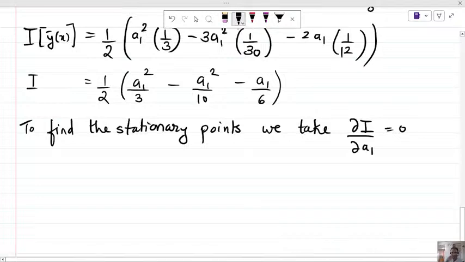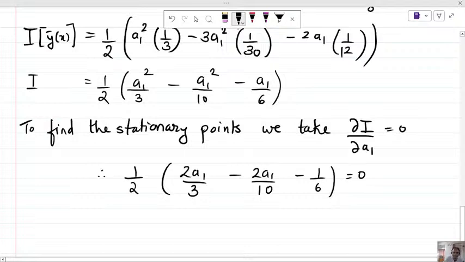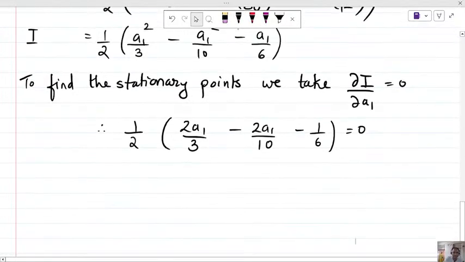So let us do the derivative now. We get 1 by 2 times the partial derivative, 2a1 by 3 minus 2a1 by 10 minus 1 upon 6 equals 0. The 1 by 2 goes away: 2a1 by 3 minus a1 by 5 minus 1 by 6 equals 0.